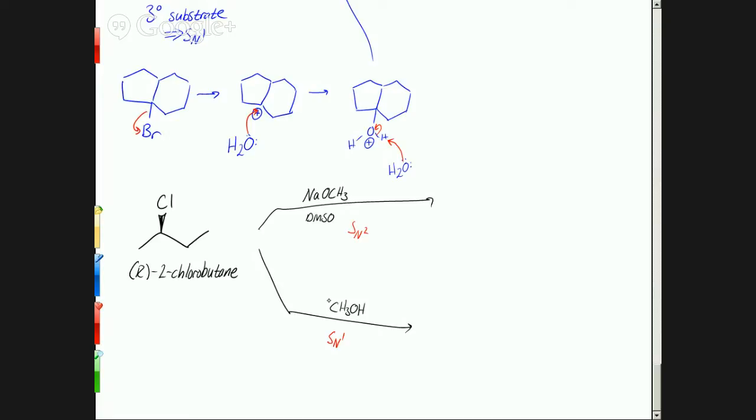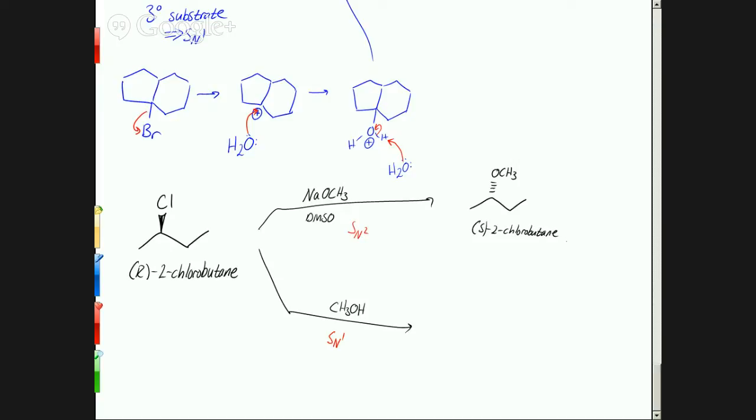All right, so we can draw the products of these based on the mechanism. Because we're running out of time, I'm just going to do it here. And we'll see the difference. So the product from the SN2 reaction is only one product, S-2-methoxybutane.